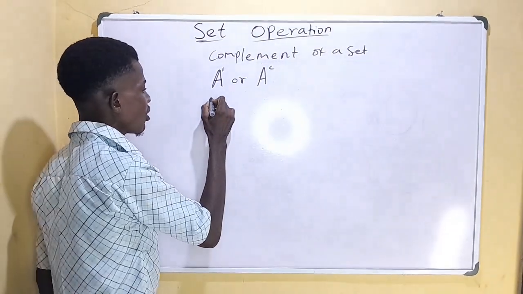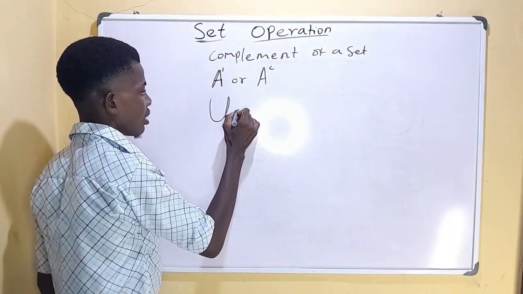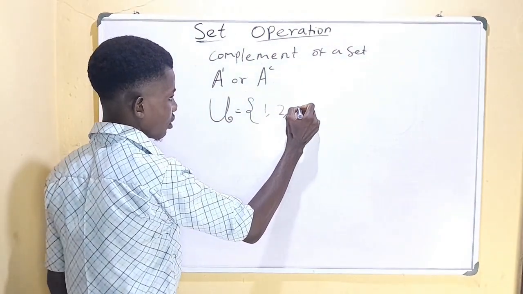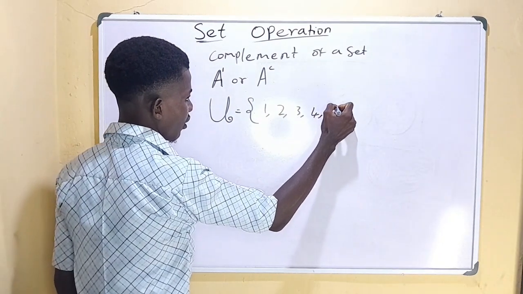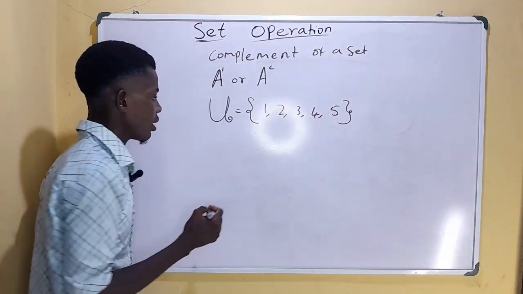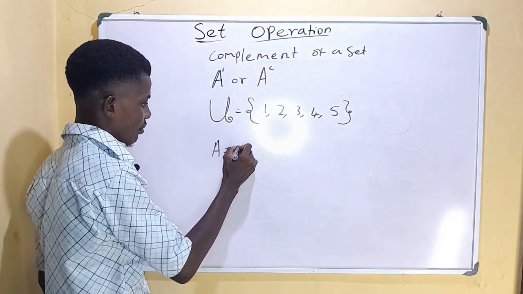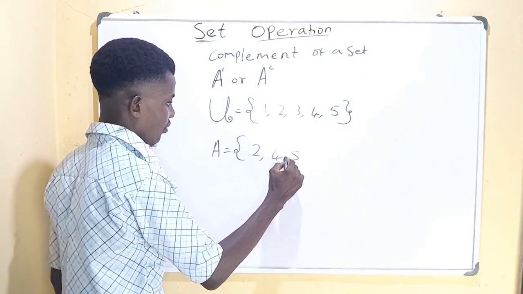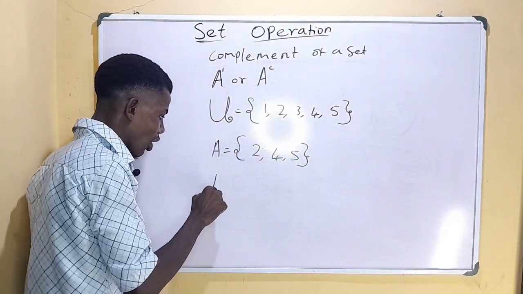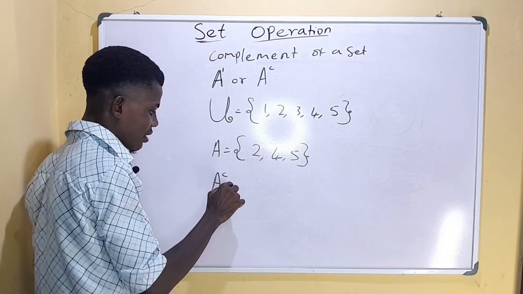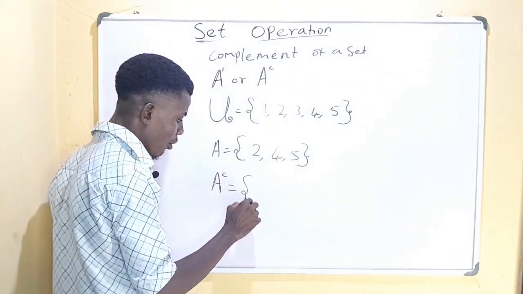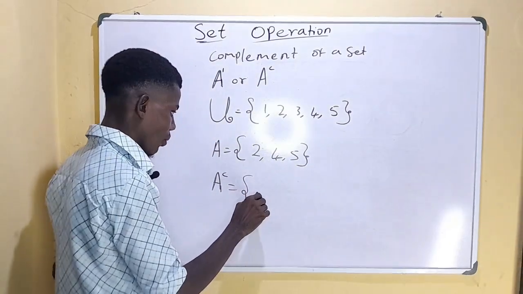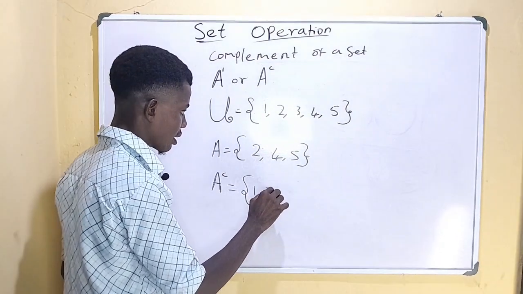Let's take a universal set to be 1, 2, 3, 4, and 5. Now let's take set A to be 2, 4, 5. The complement of set A will now be 1, 3.